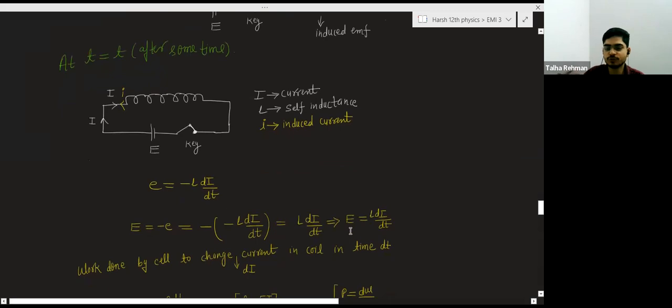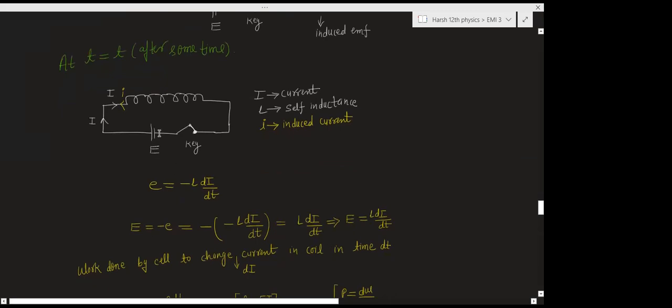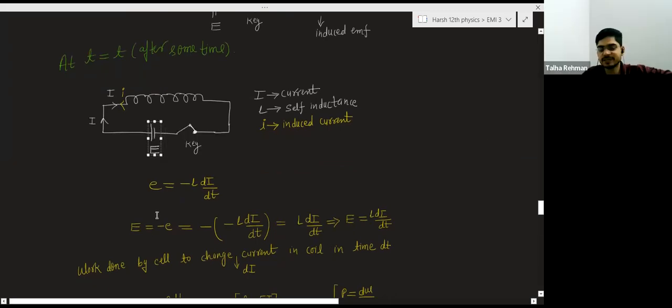Now see what I am going to do. Basically this is our battery or cell. So the work done by the cell to change the current by di in the coil in time dt.